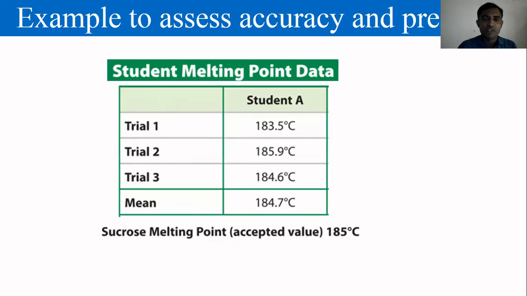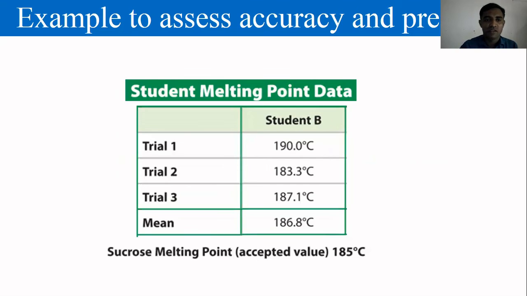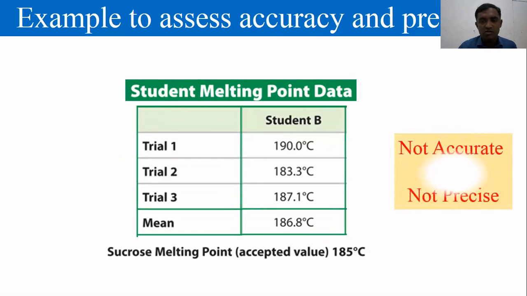If you compare individual students' data, we can get more light on whether these data are precise in nature. Trials 1, 2, and 3 of student A represent values close to each other, so we can call this student's values accurate as well as precise. Student B has three sets of data, and these data are not close to each other, so we can say that they are not accurate, and at the same time they are not precise in nature.